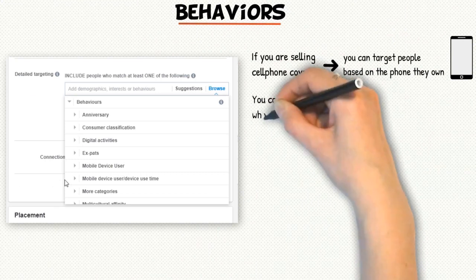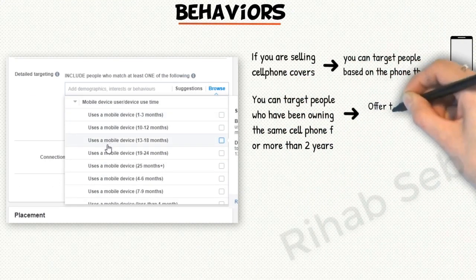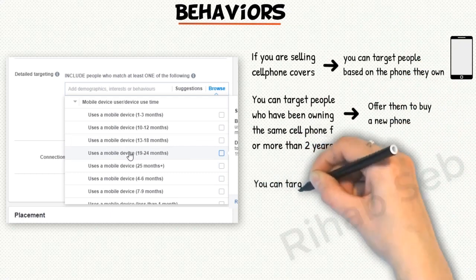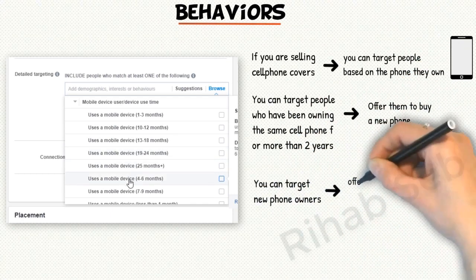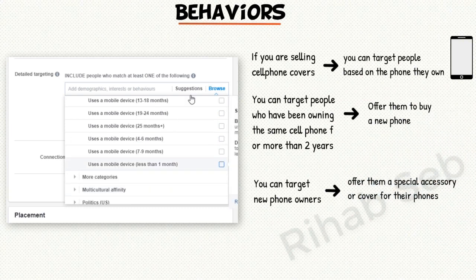Also, you can target people who have been owning the same cell phone for more than 2 years and offer them to buy a new phone. Or you can target new phone owners and offer them a special accessory or cover for their phone.